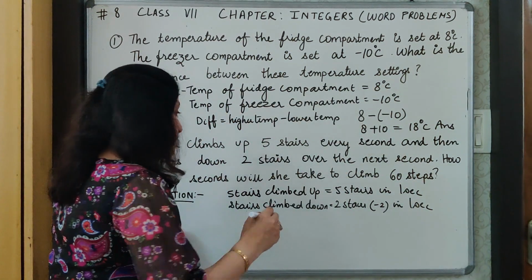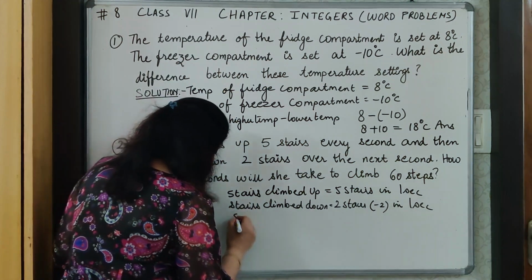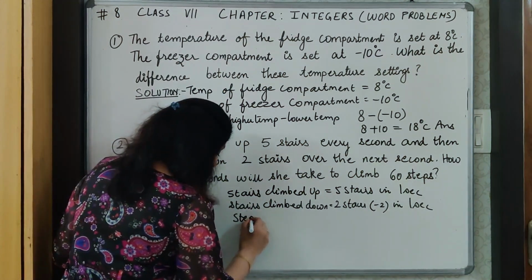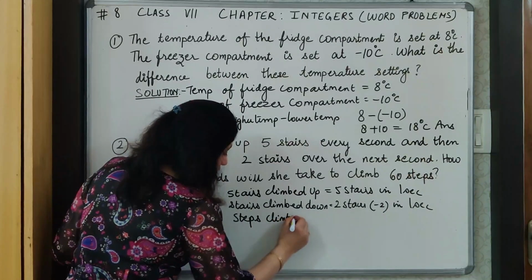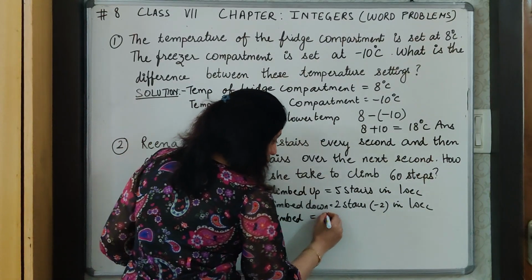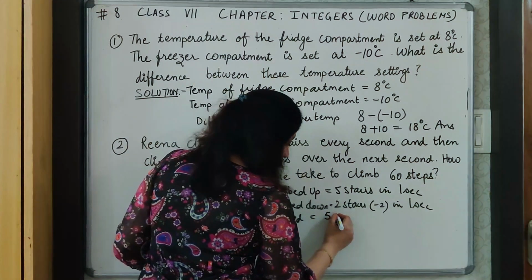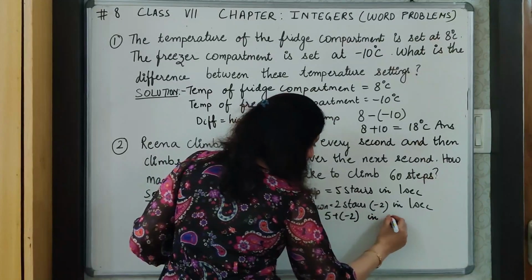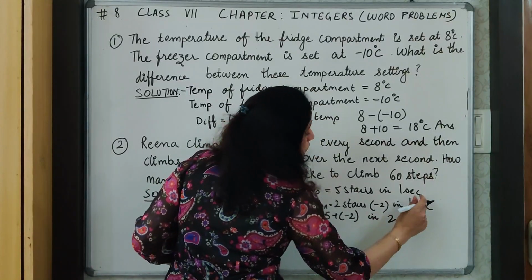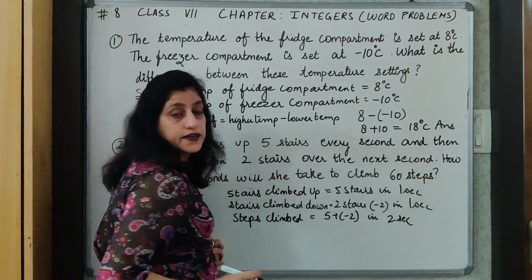So total steps climbed will be equal to 5 plus minus 2 in 2 seconds. 1 second going up and 1 second coming down.